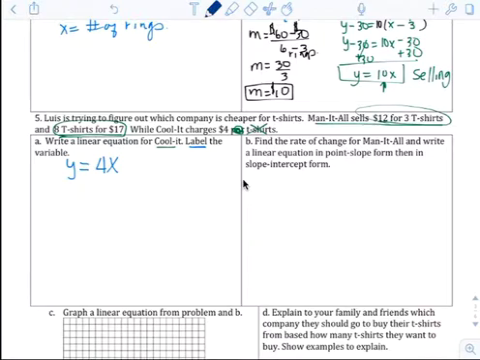That's a linear equation. Label the variables. X equals the number of t-shirts, and y is the cost. Okay. Find the rate of change for Man It All. Man It All is 3 for $12 and 8 for $17.